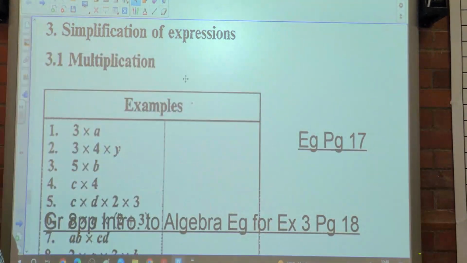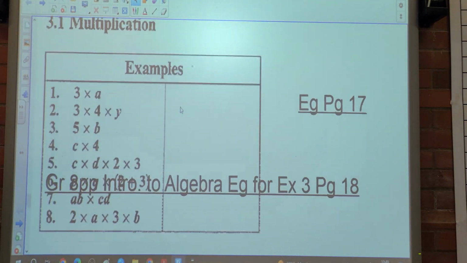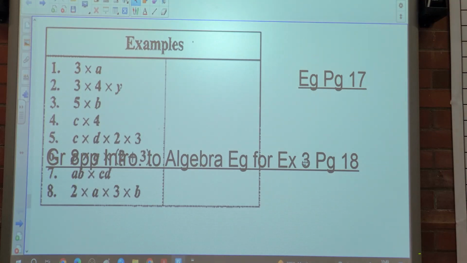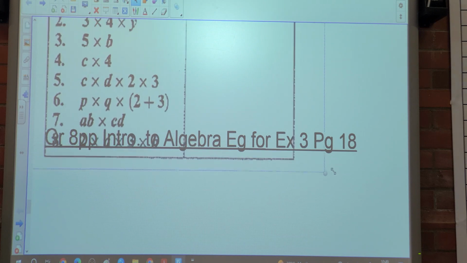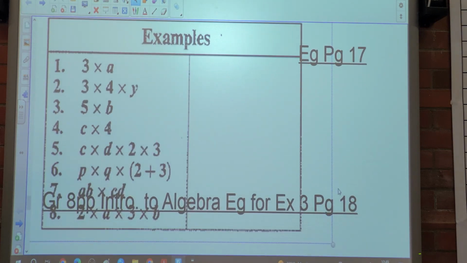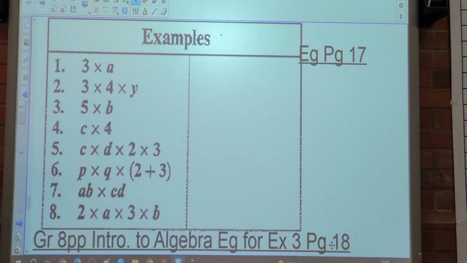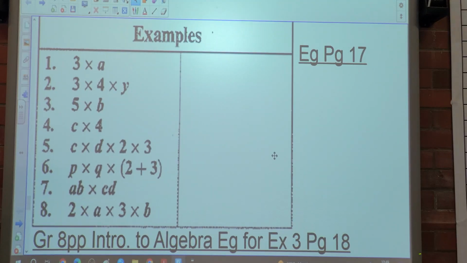So let's look at the first one. What is 3 multiplied by 8?